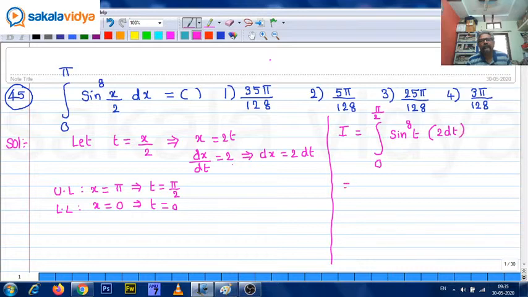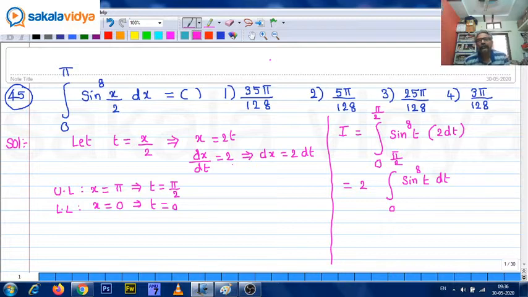Take 2 common: 2 times integral 0 to pi by 2 sin t to the power of 8 dt. t is the dummy variable. It is just like integral 0 to pi by 2 sin x to the power of 8 dx itself. Understood now?